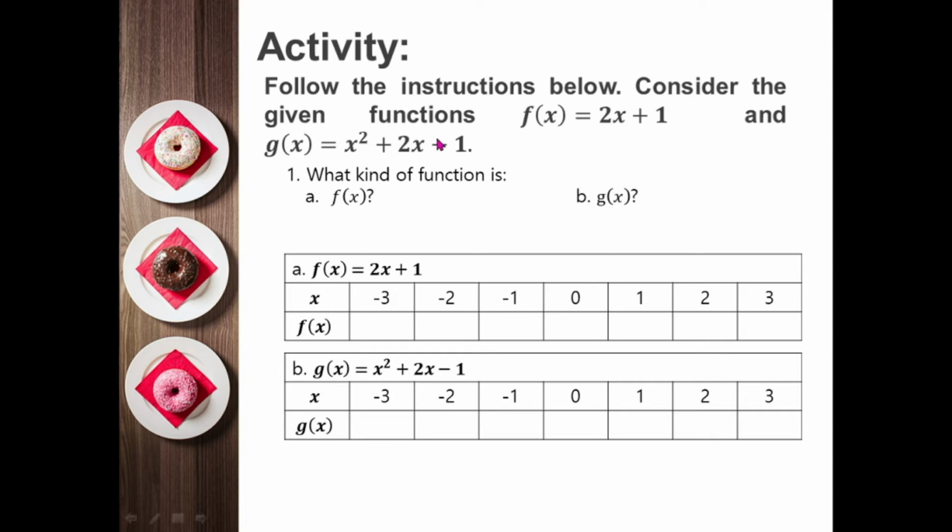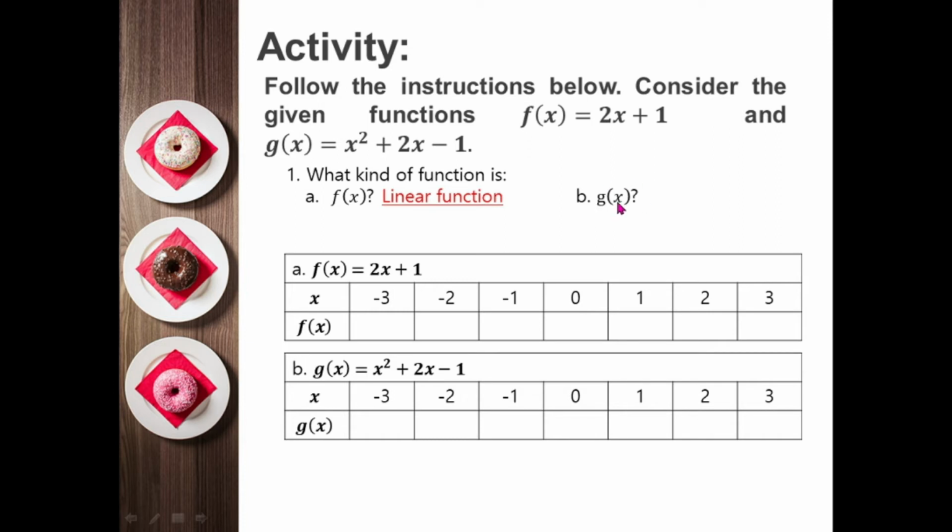The given function f of x is equal to 2x plus 1. Since the highest exponent of our variable x is 1, therefore we have a linear function.